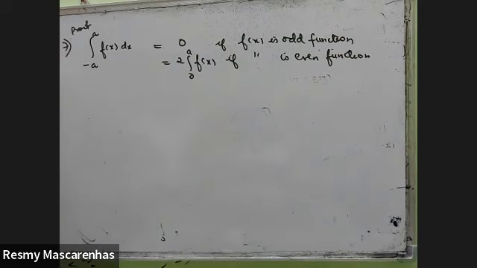The integral from minus a to a of f of x is equal to 0 if f of x is an odd function. You will get 2 times the integral of f of x from 0 to a if it is an even function. So we'll take the left hand side.